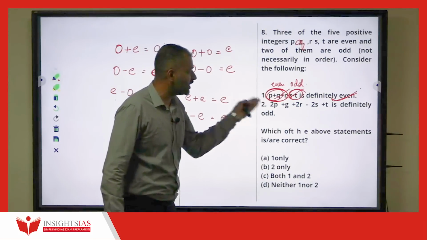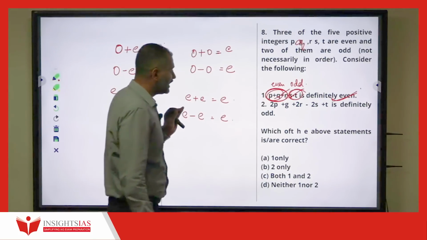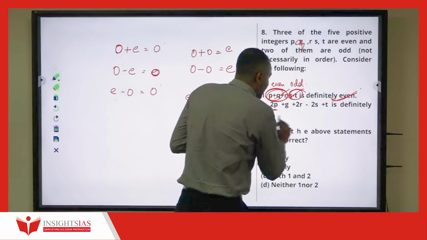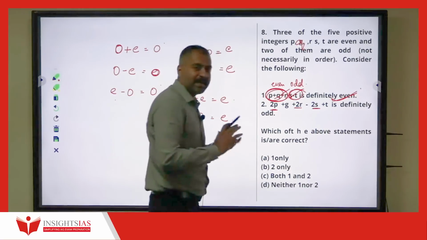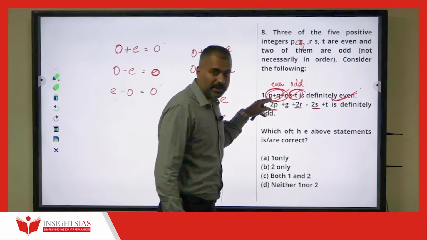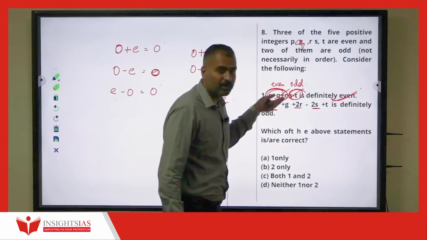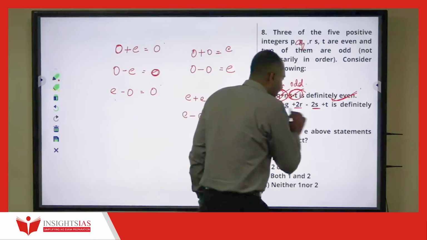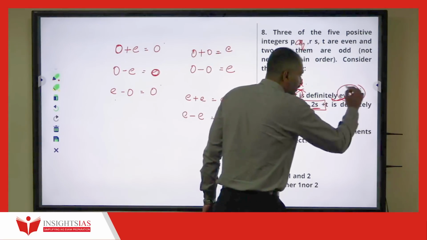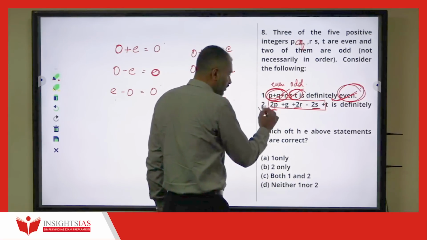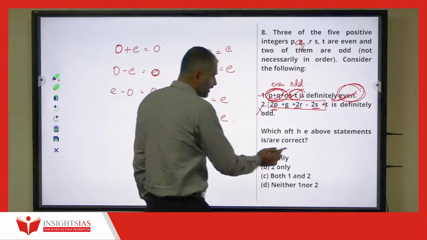Irrespective of minus or plus, it is even. If I double this, it doesn't make any difference. If you take 2 times, 3 times or 4 times of that, it remains the same, which is always even. Hence this is wrong. So only 1 is the answer.